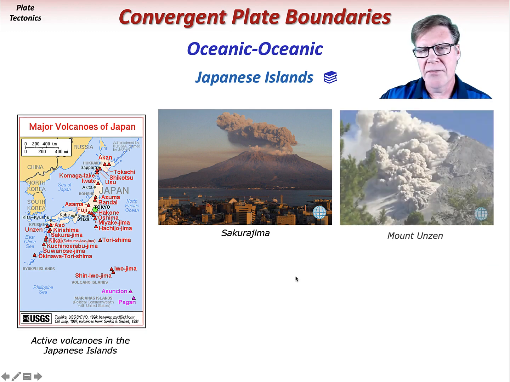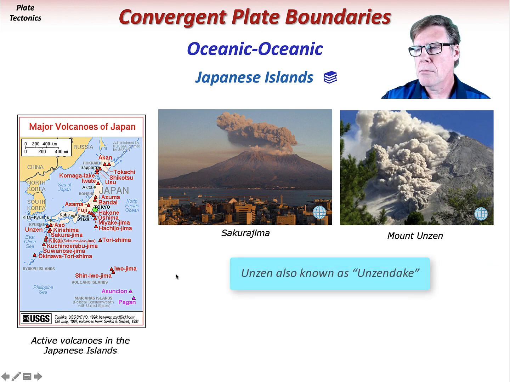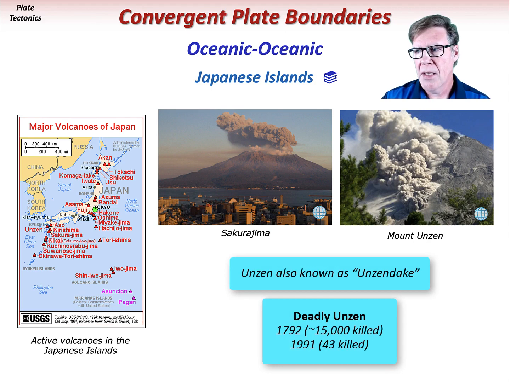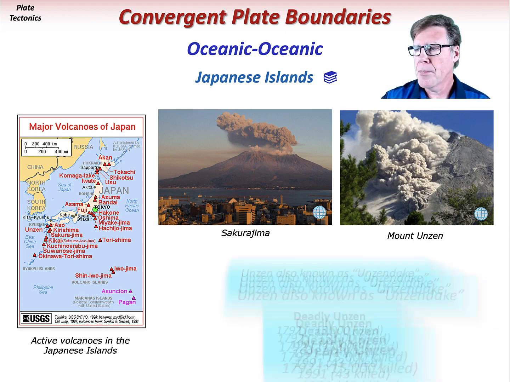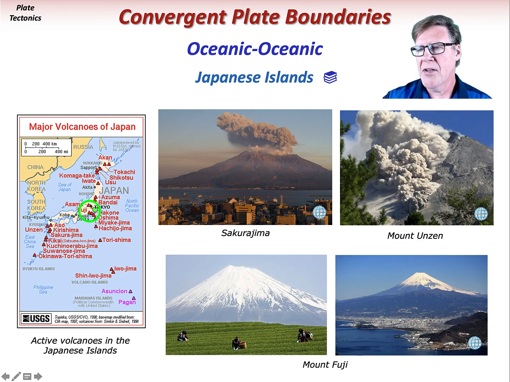On the same island of Kyushu, there's Mount Unzen, located just east of the city of Nagasaki. It's part of a stratovolcano and lava dome complex that is active, shown here producing a pyroclastic flow. But of course, there's Mount Fuji, located in the central portion of the country on the main island.